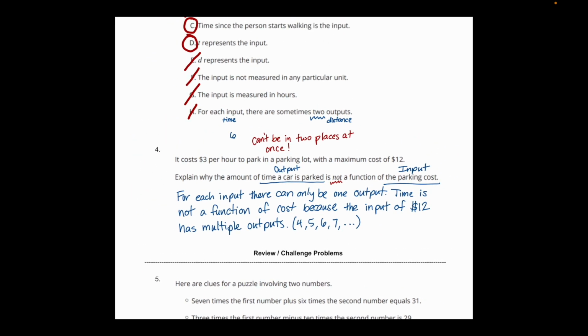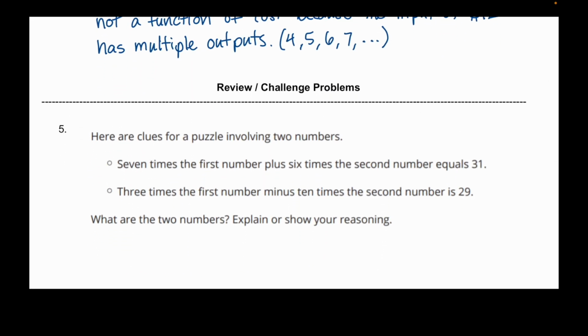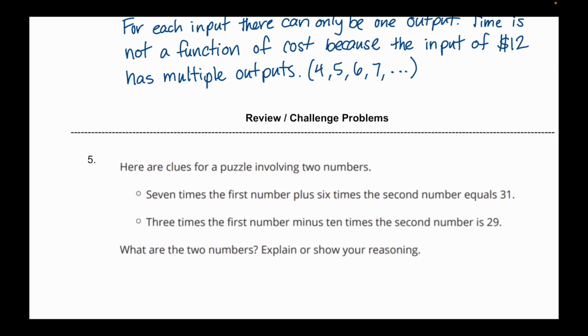And that's it for the main part of the homework. This question down here is a review/challenge problem. And since it is a challenge problem, I am going to leave that one to you in order to do your best with it. You can use some guess and check. But I'll give you one hint here: I would suggest assigning a variable to each of these.